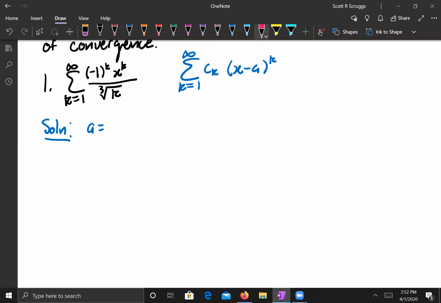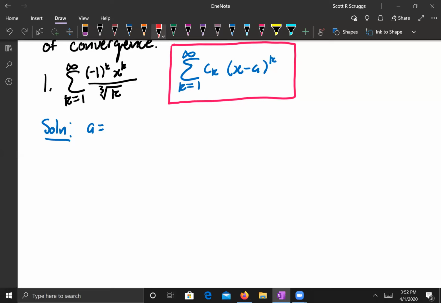So, my general form for a power series is always in that form. Some constant with respect to k. It's okay. We're going to go through this together. So, in other words, it's a constant that's changing with respect to my index of the sum.